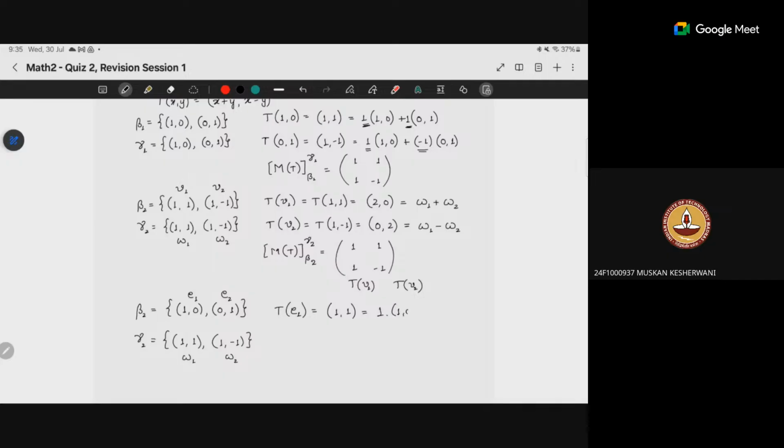This is correct, but it is not what I want, because I want to express it in this basis, not the standard basis. This time the basis that I've chosen for the codomain is W1, W2, which are not the standard basis. I want to write it as something times W1 plus something times W2. What are those somethings? 1 and 0. So this is 1 times this plus 0 times this.